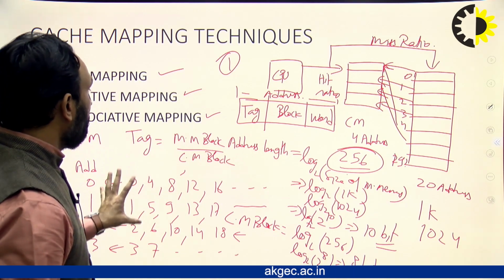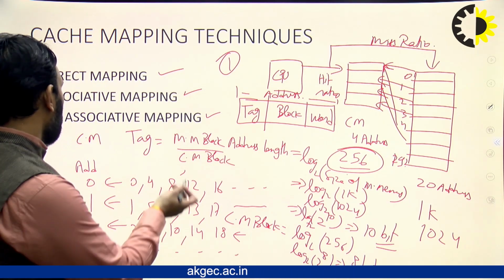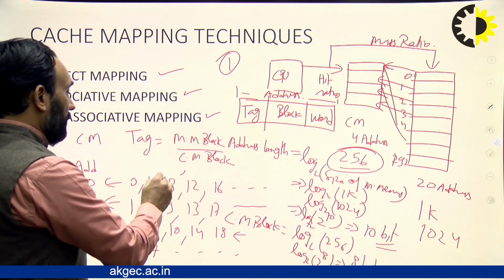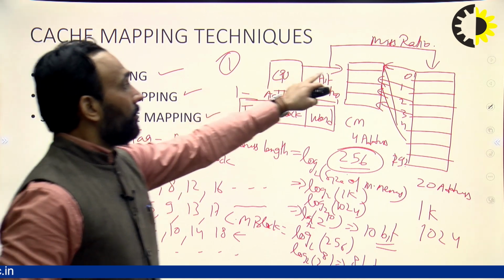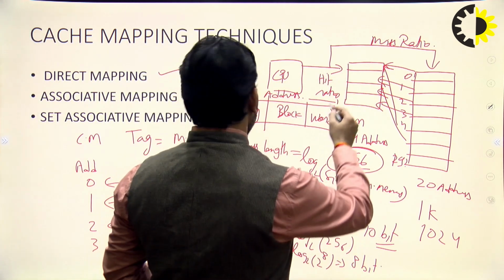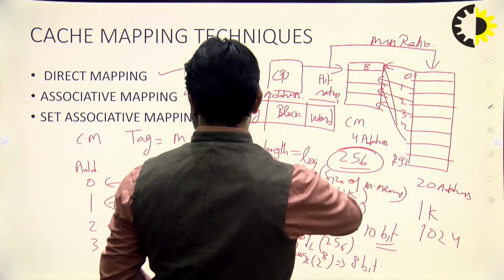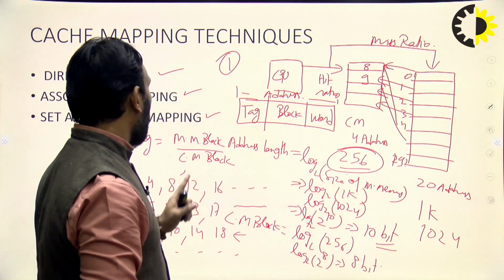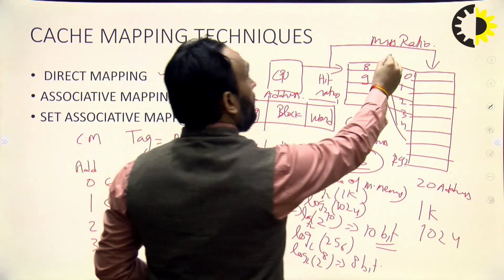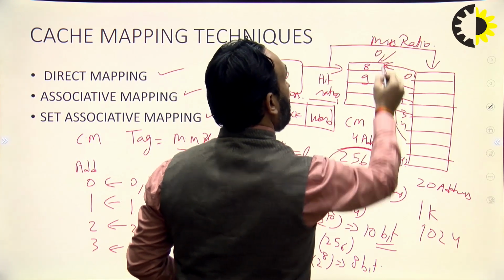If a CPU calls address 4, 9 and after that 8, then location 0 is occupied by 8, location 1 is occupied by 9, and if it calls 12, then 12 will queue at only location 0.